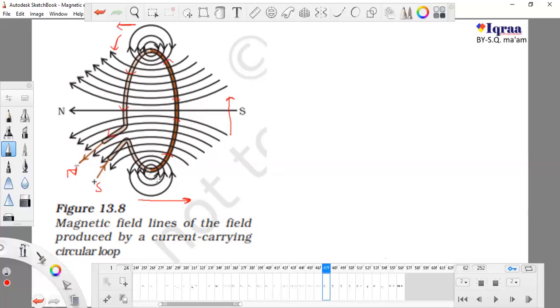Now definitely, if this is the direction, this is our conductor, so current will flow like this in this case. So definitely there will be the formation of magnetic field lines, and the direction of the magnetic field lines is like this.